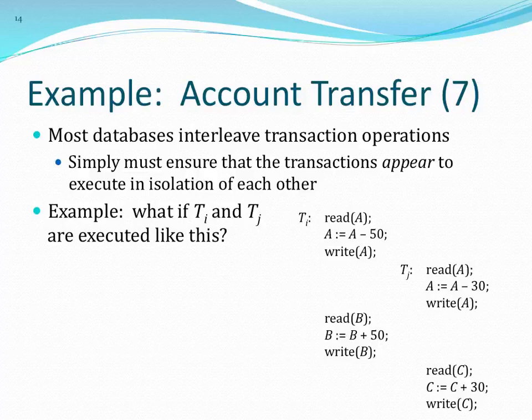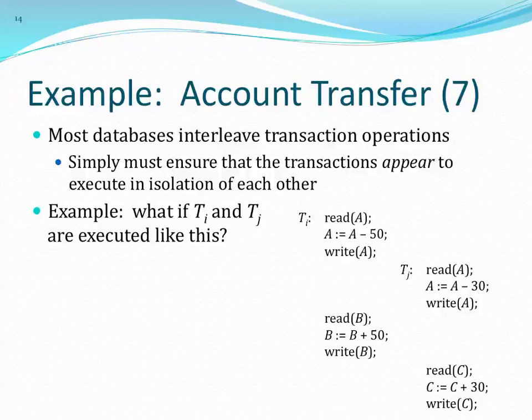Now, unfortunately, what that means is that if TI reads A, and then TJ wants to read A, you do not allow TJ to complete that read until TI commits or aborts. That generates a cascadeless schedule. We'll talk about this when we talk about isolation. But in that case, you get really no benefit performance-wise by interleaving these two specific transactions.